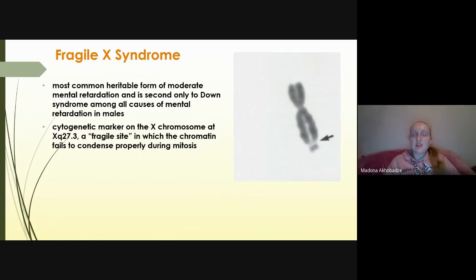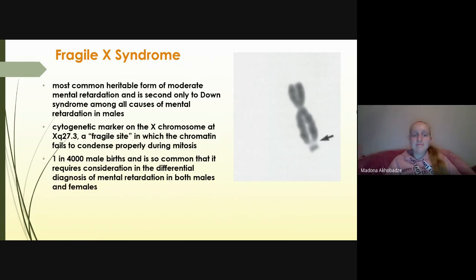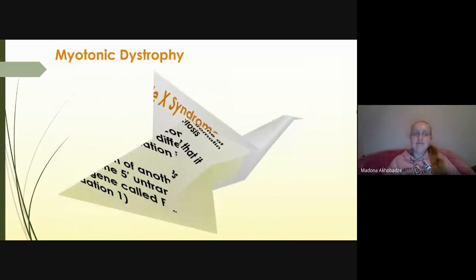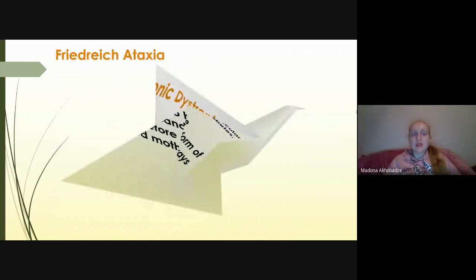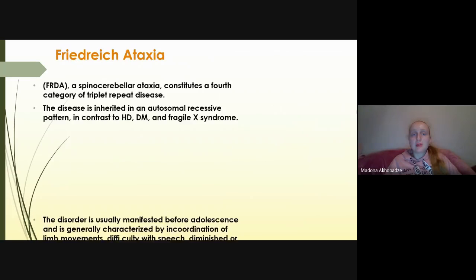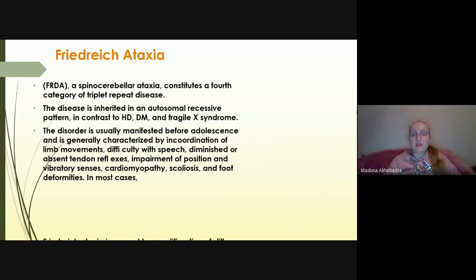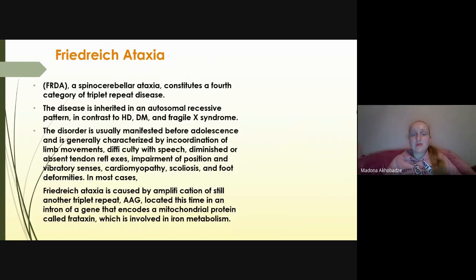This fragile site is decondensed, the light part in the electron microscopy, and this is the most condensed part, the dark heterochromatin and euchromatin. Myotonic dystrophies. I also have here Friedreich ataxia, which is very severe, and there's a Japanese movie about it.